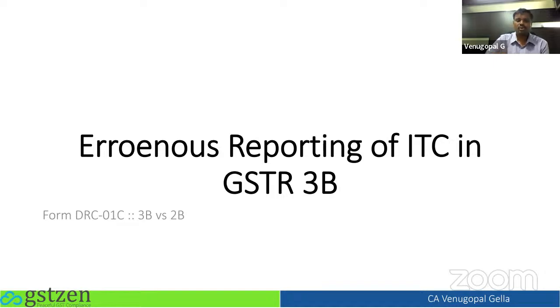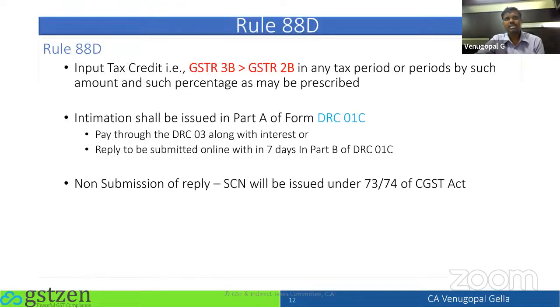The answer is no. So the government has put a new restriction, Rule 88D. If the input tax credit availed in GSTR 3B is greater than 2B in any tax period or periods, by combining on a YTD basis as such percentage basis, the portal will automatically issue a notice in the name of DRC01 Part A asking you to do two different things.